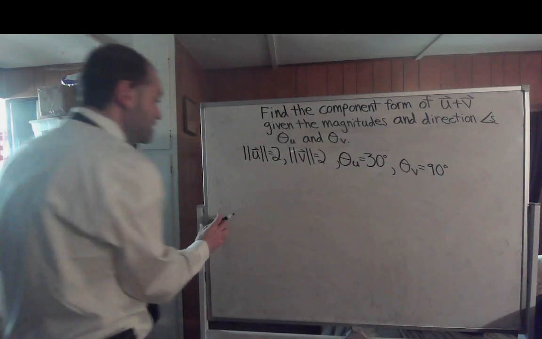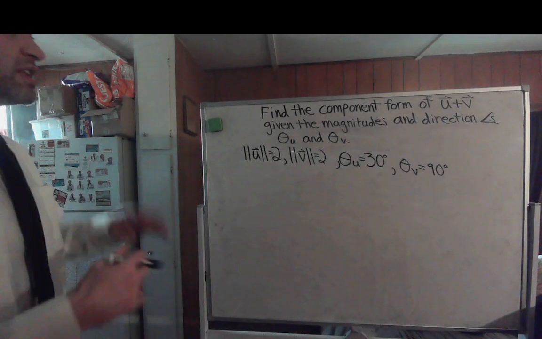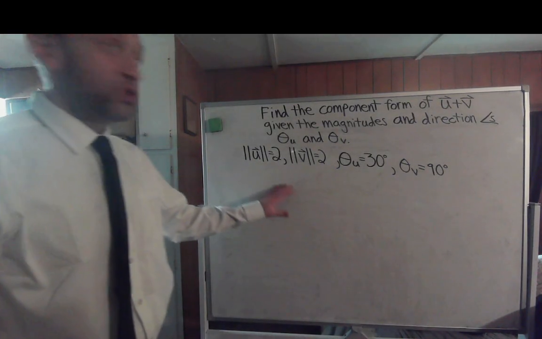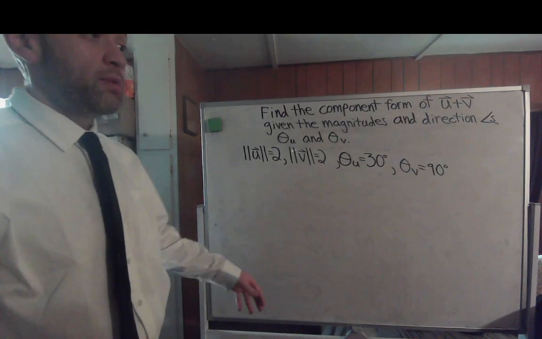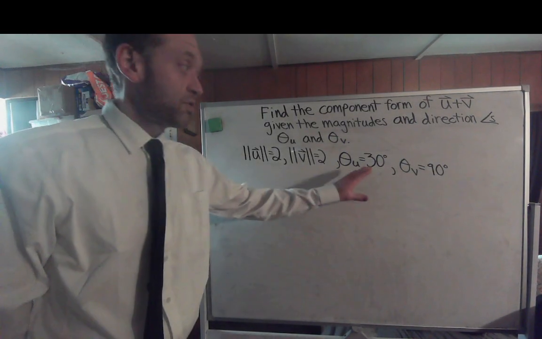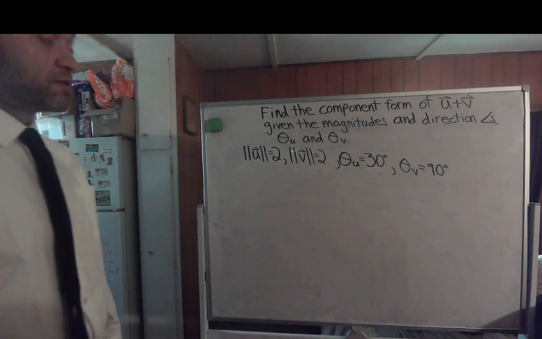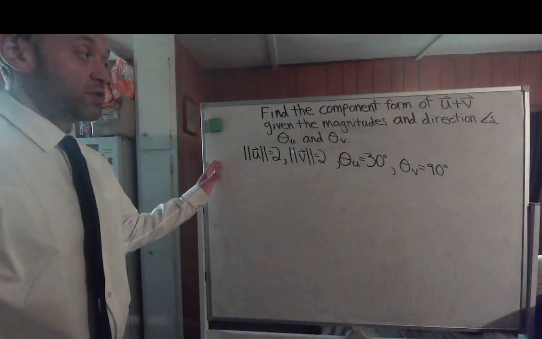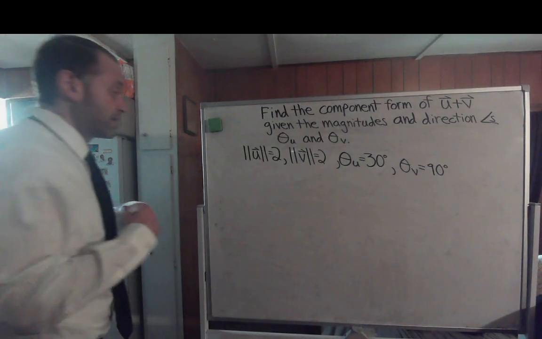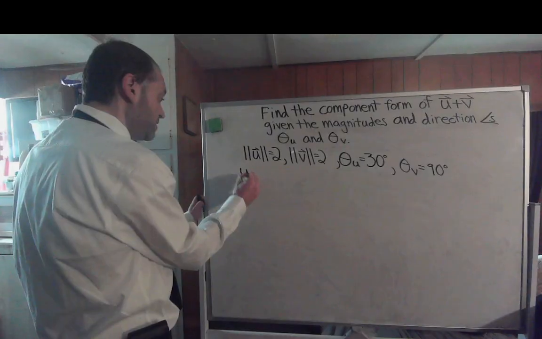Okay. So again, ultimately we want to find the sum of vectors u and v in component form. We were given the magnitudes of each and their direction angles. So first thing we need to do is find the component form of each individual vector. Let's work on vector u.